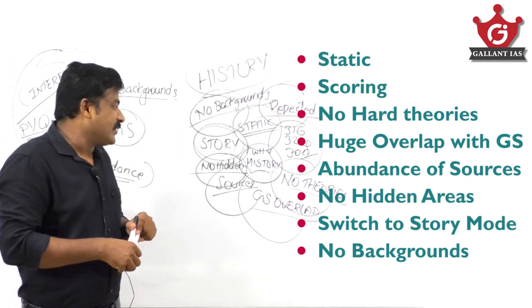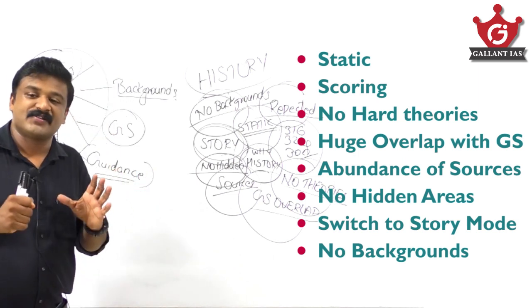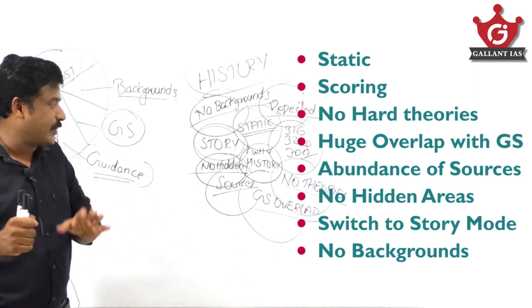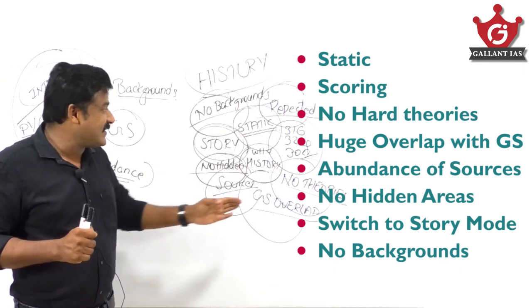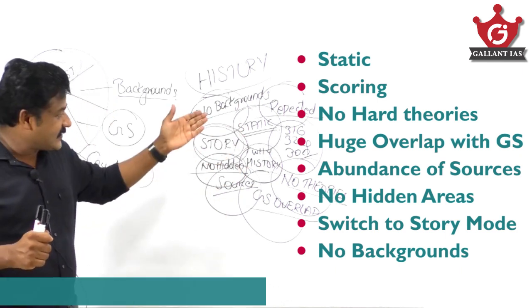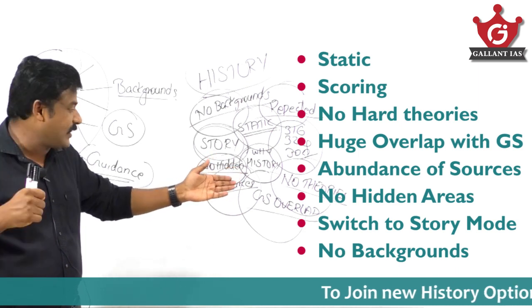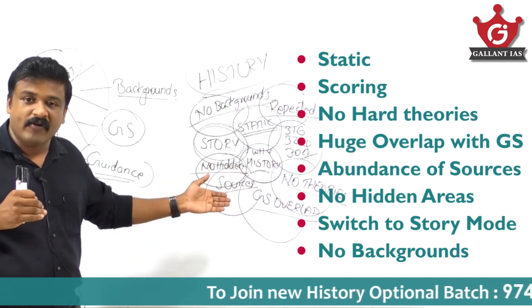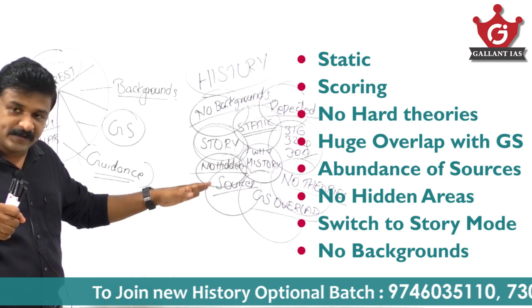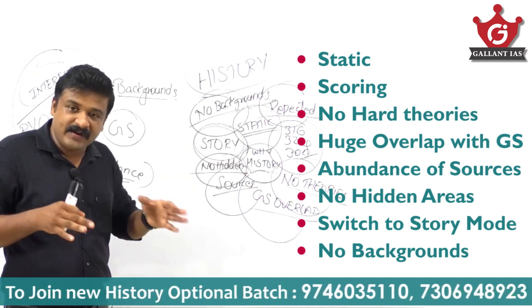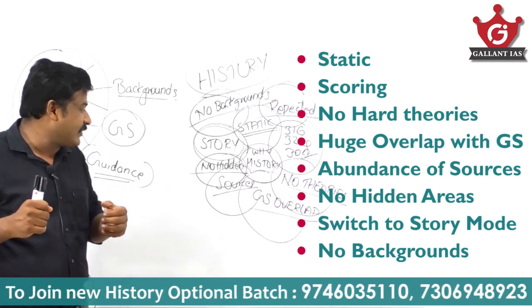So if you ask me, sir, why is history a good optional or a good choice? Let me tell you, these are the reasons. It is static, it is scoring, there are no complex theories and formulas, and there is huge overlap with the GS syllabus, both prelims and mains. Then there is an abundance of sources available.